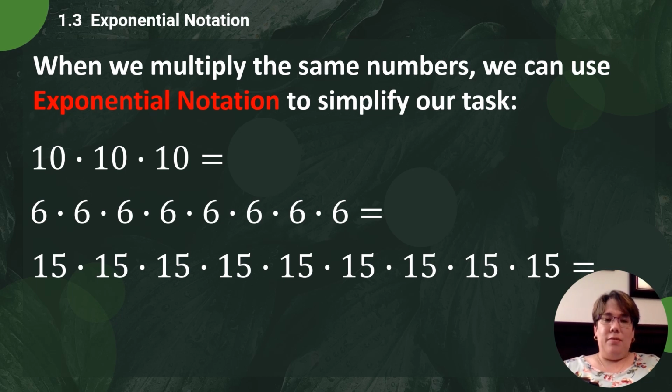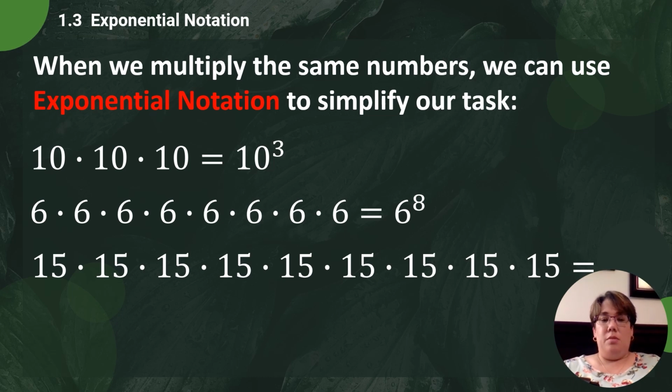So you have 10 times 10 times 10, and we can simplify that as 10 to the third power. Sometimes you'll hear this referred to as 10 cubed. If you multiply 6 times itself 8 times, then that can be reduced down to 6 to the 8th power.